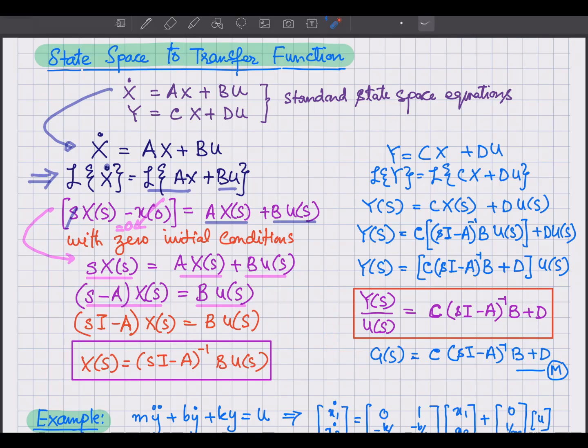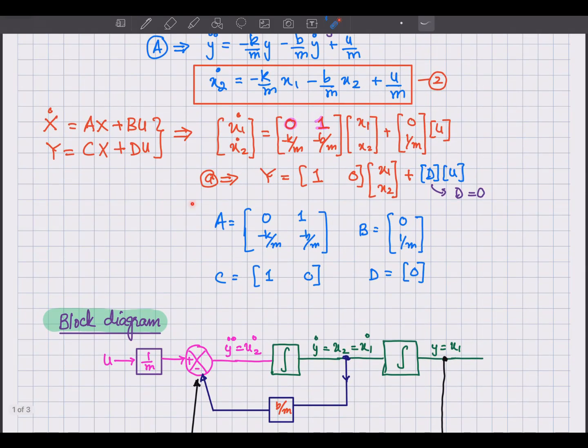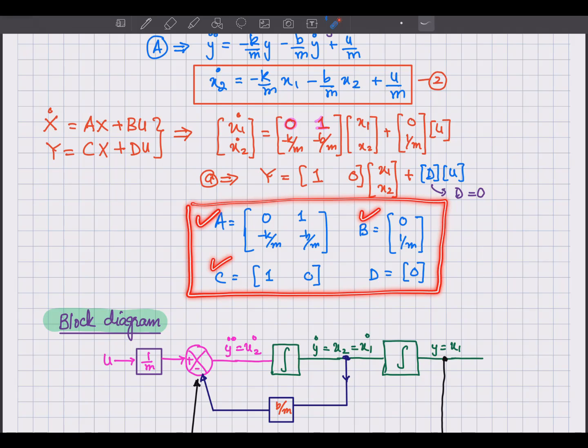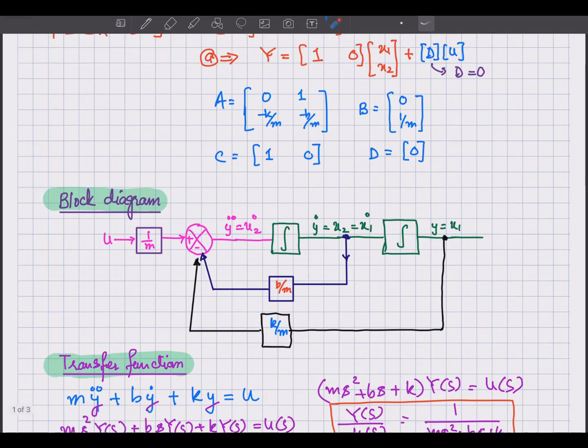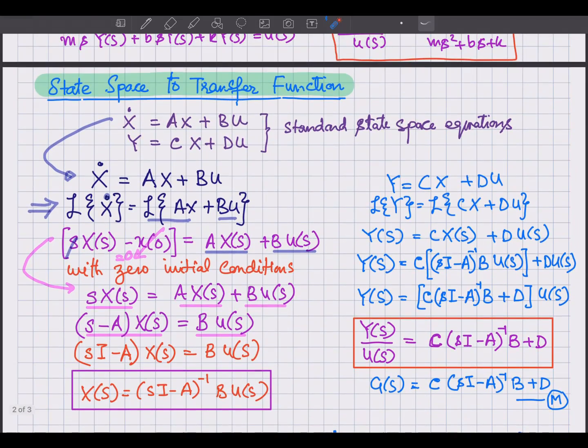For the sake of example, we can consider the example that we have discussed over here, and we are going to consider these matrices A, B, C and D, and put them back in the equation that we have derived to determine the transfer function.